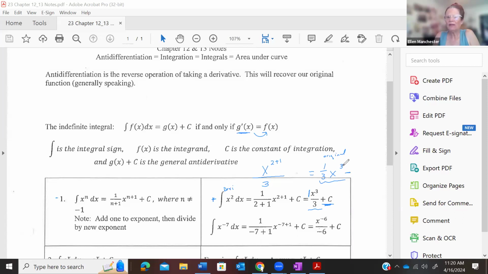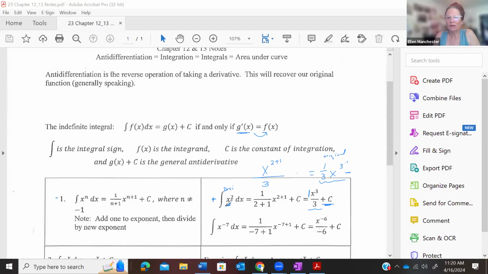I drop the 3 to the front and multiply. So 3 times 1/3 is 1. And then I subtract 1 and I get right back to x squared. So you should always be able to double check that taking the antiderivative back to the derivative will give you what you started with.